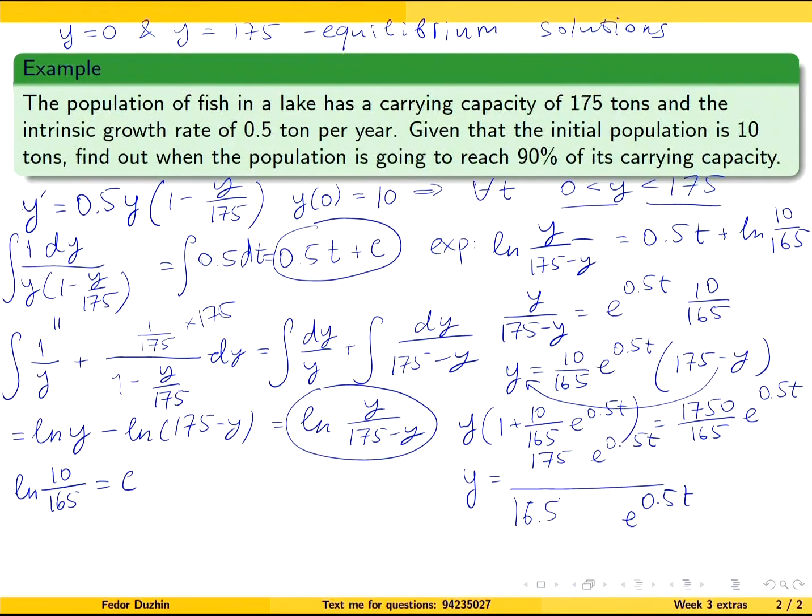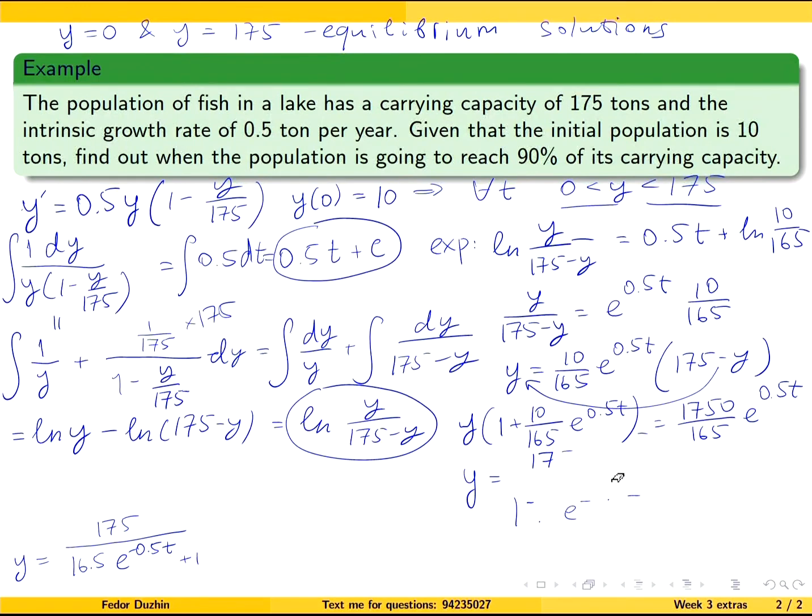And then we can divide by e to the power 0.5t. So then it's going to disappear here, it's going to disappear here, and it's going to appear here, e to the minus 0.5t plus 1. Okay, so this is the final answer. Let me rewrite it somewhere here. So y equals 175 divided by 16.5 e to the power minus 0.5t plus 1.